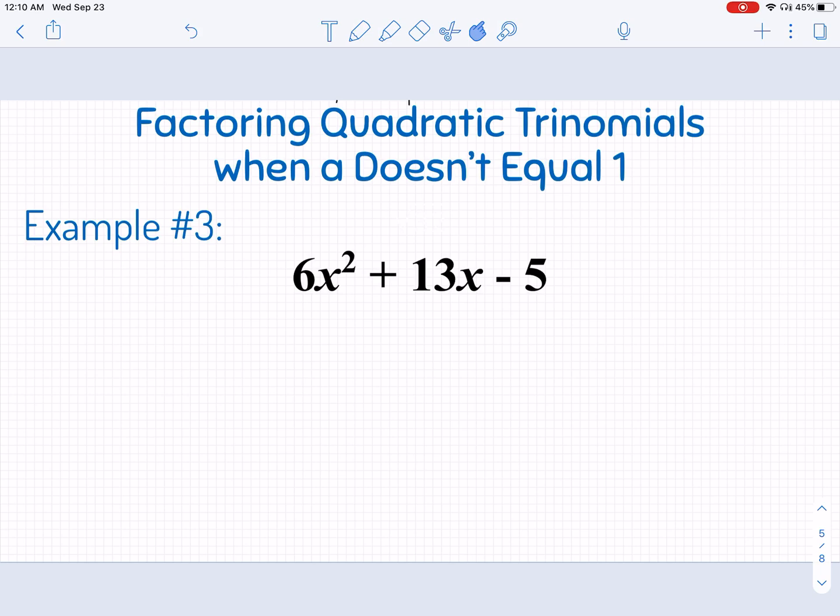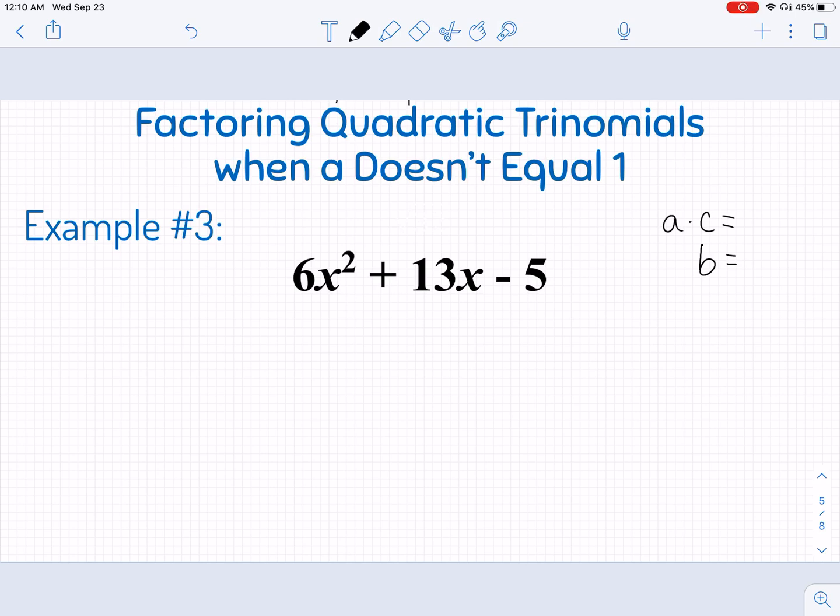Just like in the last problem, take a second to find your a times c and your b, and then figure out which two factors are the factors of the number you want and the sum you want.